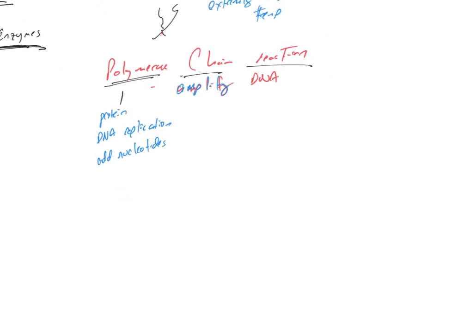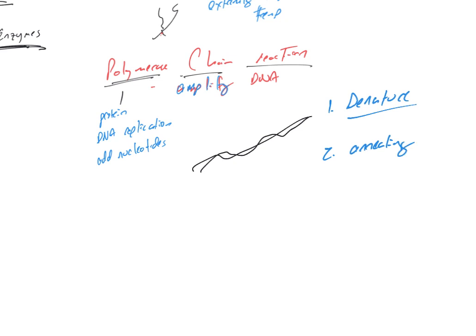So the first step is, DNA is double-stranded, yes? We have a double-stranded DNA. So the first step in polymerase chain reaction is to, one, denature. The second step is the annealing.